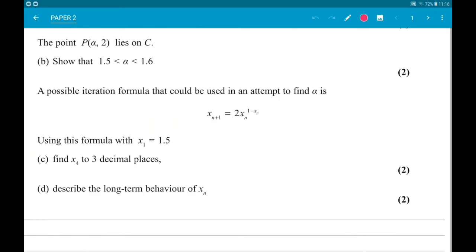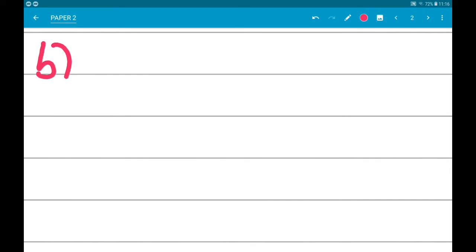At B, the point P alpha 2 lies on C. Show that alpha is between 1.5 and 1.6. Alright, so again we know y is x to the x. Now what we want is when we sub in x is 1.5 and 1.6, we want 1 to be smaller than 2 and 1 to be bigger than 2.